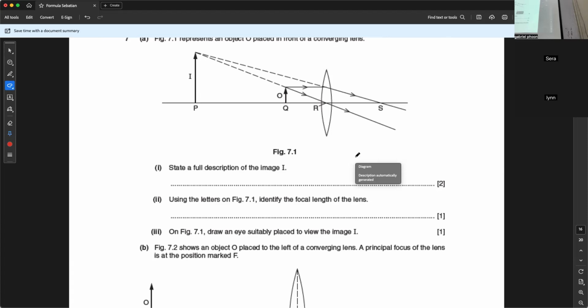This is not the optical center, my friend.